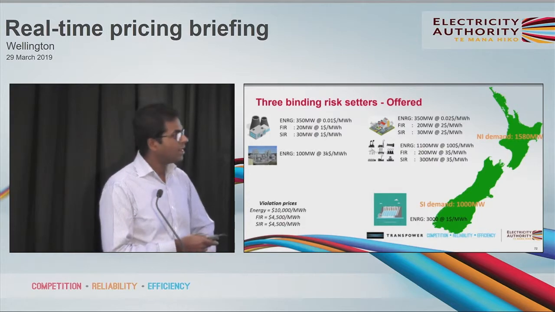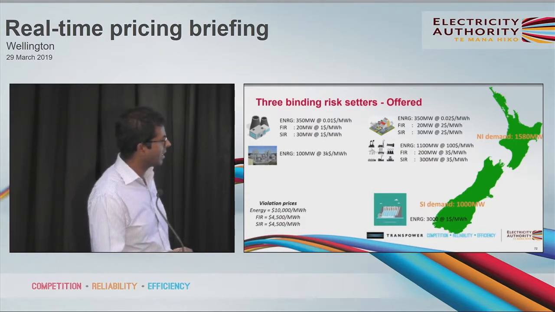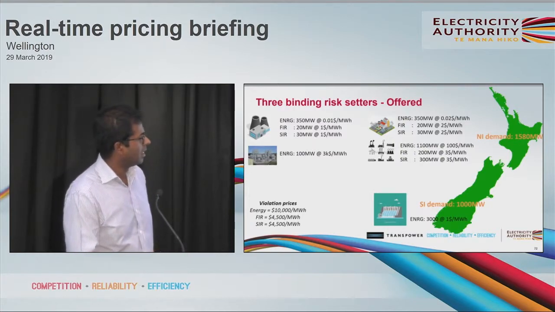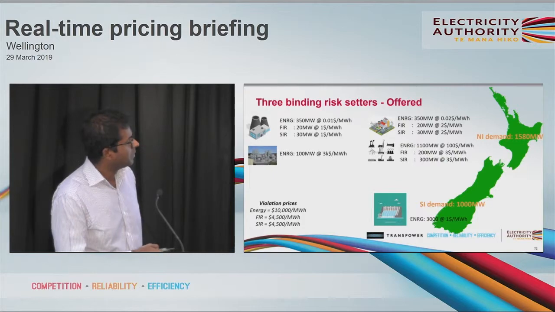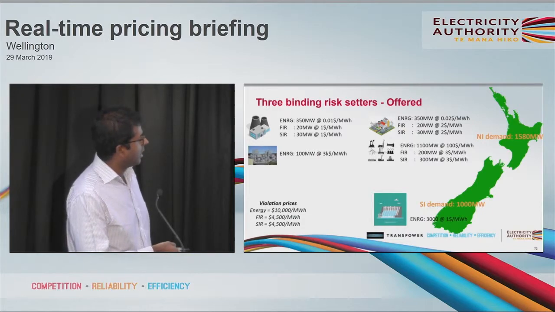So this is really a stylized example, but it's kind of similar. You've got some hydro in the South Island, some offering in. And I must thank Chung for coming up with these examples that I'm running through here. And there's the North Island demand. So we've got some cheap South Island hydro.